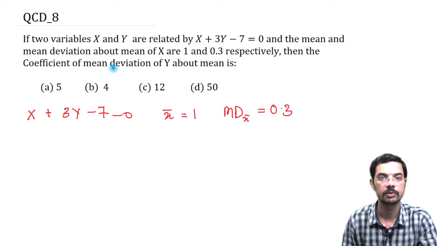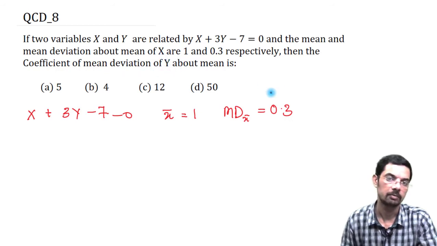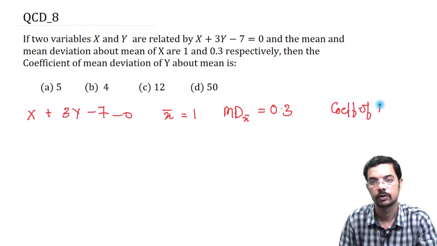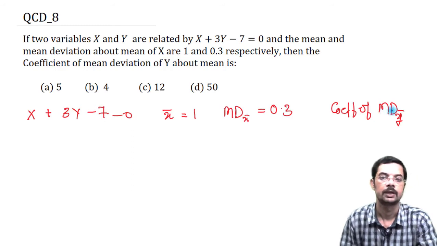Then the coefficient of mean deviation about the mean of y will be equal to what? That is what we need to find out. We need to find out the coefficient of mean deviation about y bar. So for that we need to find out the mean deviation about y bar, the mean of y and everything.